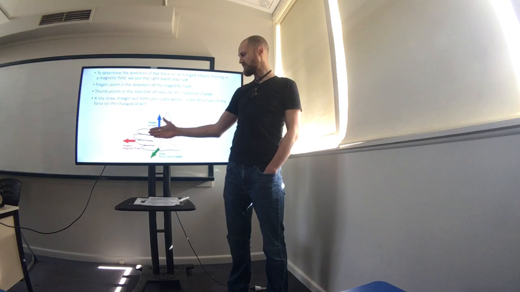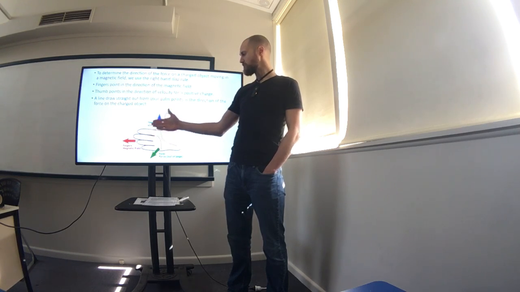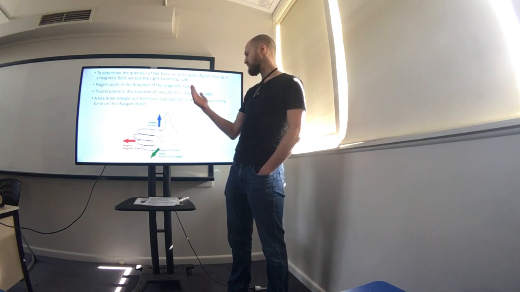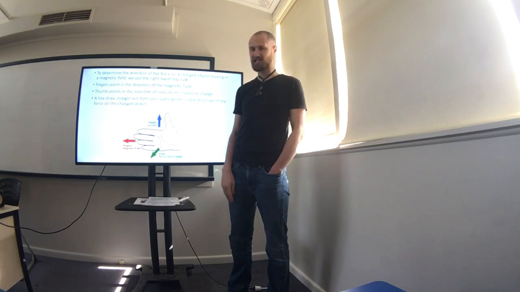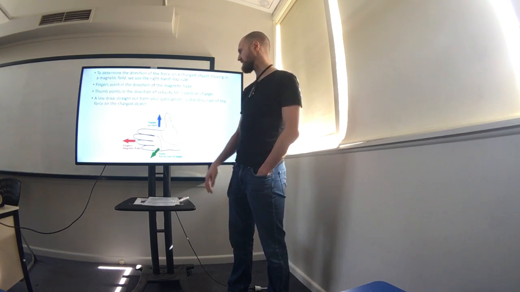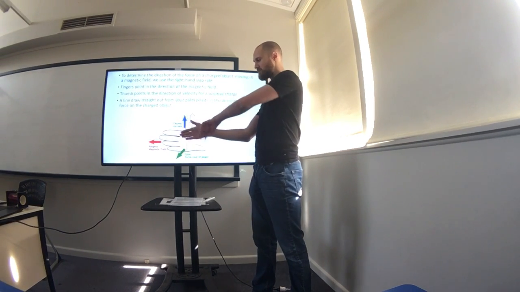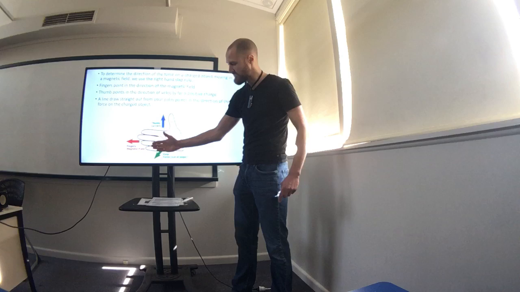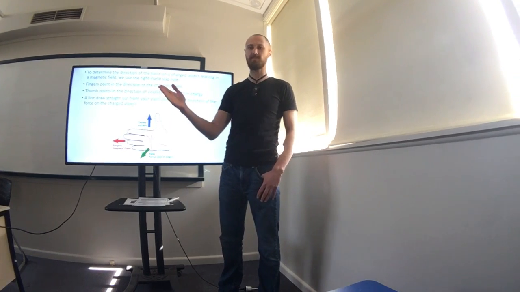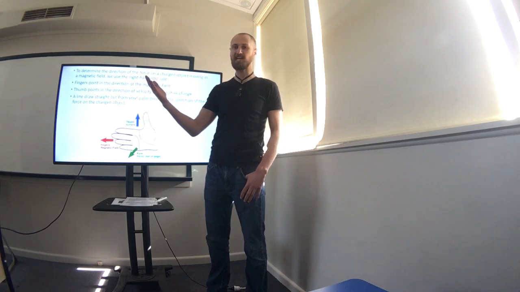We point our fingers in the direction of the magnetic field lines. We point our thumb in the direction of the velocity of a positive charge. We'll be using this exact diagram when I do an example a bit down the line. And then if you have a line going straight out of the palm of your hand, the arrow that's shown there, that's going to be the direction of the force on a positive charge.